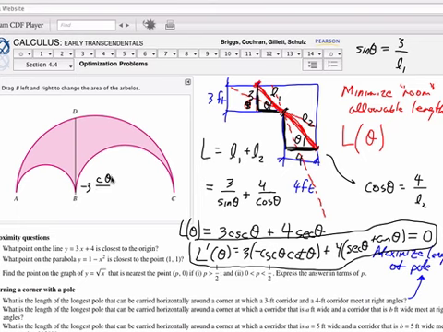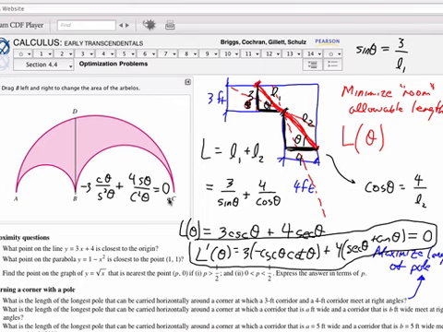I'm just going to abbreviate cosine as C and sine as S. Is it okay? So this is negative 3, this is cosine over sine, this is 1 over sine, so sine squared, plus 4, and this would be sine over cosine squared, equals 0.